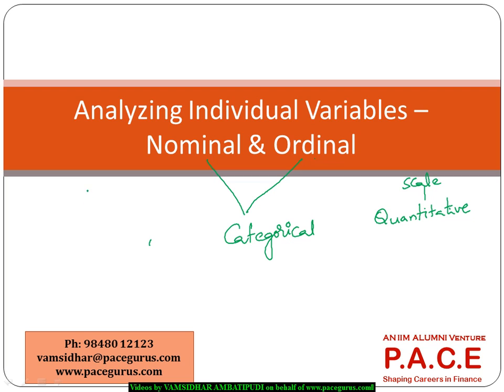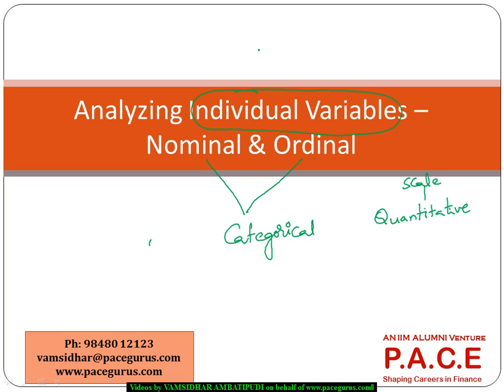Now, the first thing we do in any kind of statistical analysis, the moment someone has given us data and asked us to analyze it, whatever the requirement may be, is to understand the individual variables, whether they are nominal or ordinal or even a scale.